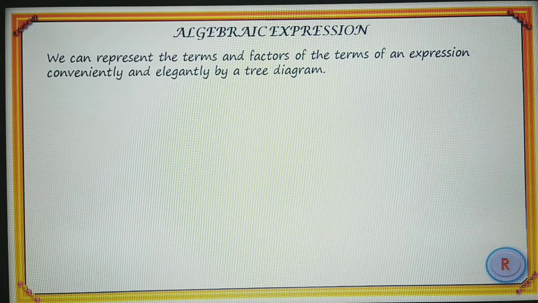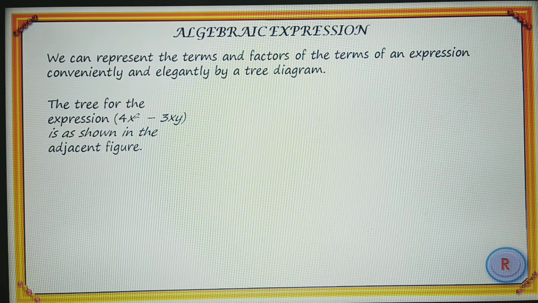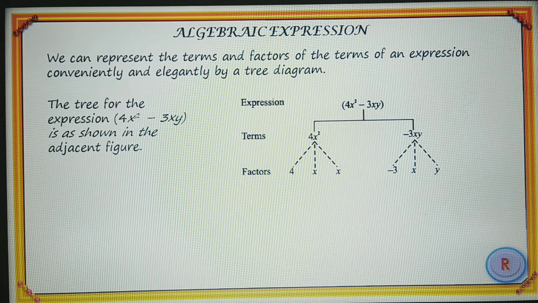We can represent the terms and factors of the terms of an expression conveniently and elegantly by a tree diagram. The tree for the expression 4x square minus 3xy is shown in the adjacent figure. First we write the expression, that is 4x square minus 3xy, and we have two branches to represent terms.